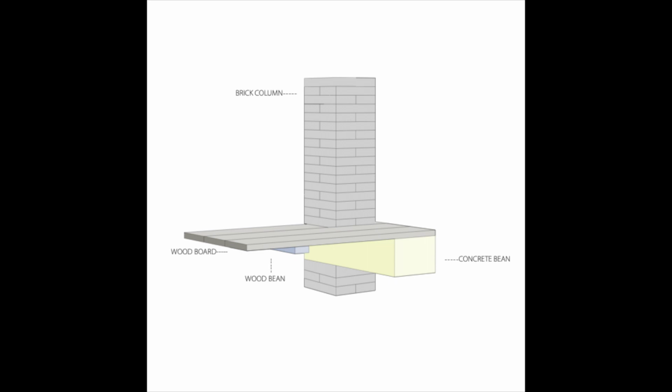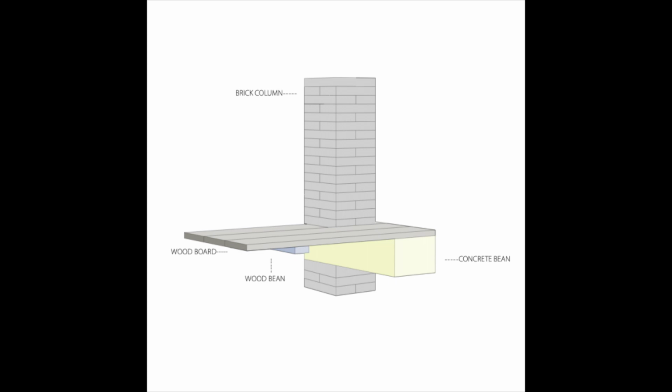I analyze the detail of the structure. This is a brick column, and they use concrete to support the column. And in the interior space, they just use wood beams to support the second floor.